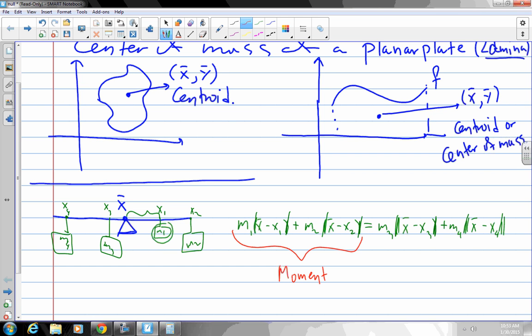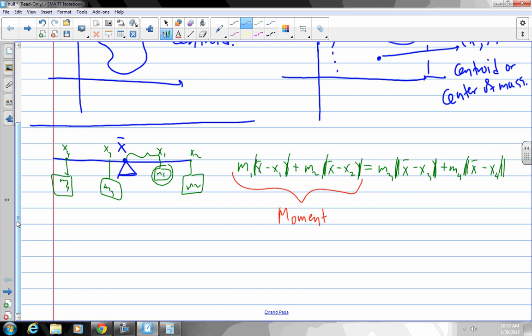Okay, but you have the moment on the other side as well. So we want the moments to be equal. So if the moments are equal, then the thing will balance. Okay. So this will be moment 1, and this is moment 2. So the balance will be achieved when moment 1 equals moment 2 in this case.